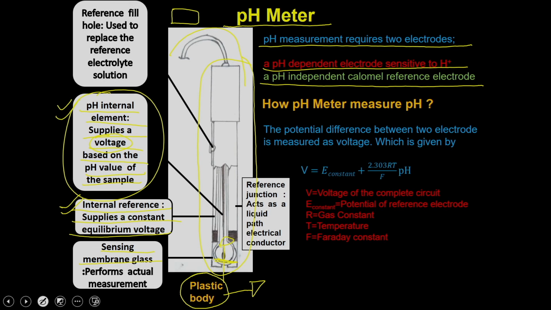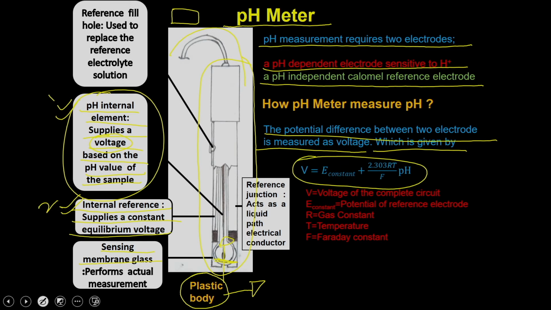When you dip the pH probe into a solution, it causes a potential difference between this electrode and this electrode. This potential difference can be measured in the form of voltage, which is given by the equation V equals E constant plus 2.303 RT by F times pH.